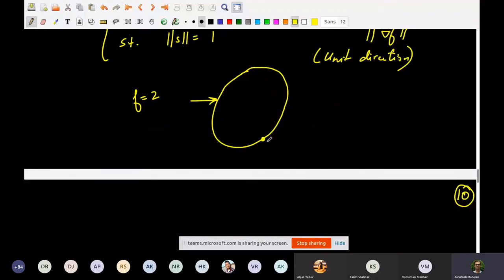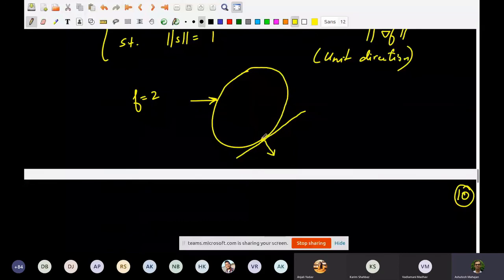If I draw a tangent at this point, the gradient vector will point in this direction, and what this result is telling me is that we should go in the opposite direction of this.